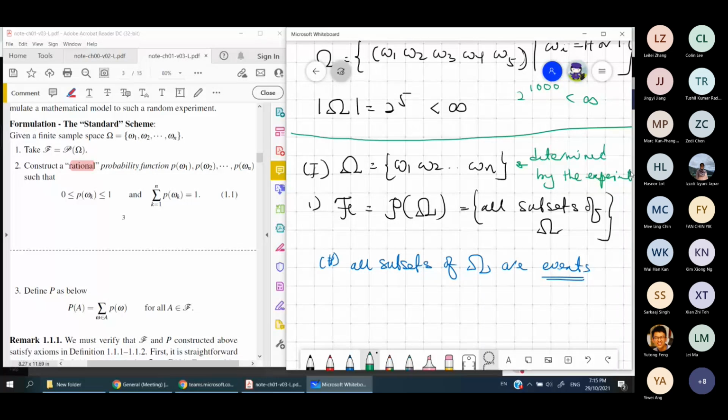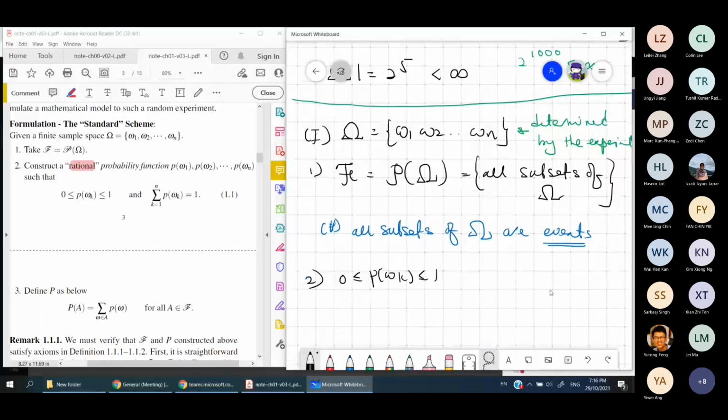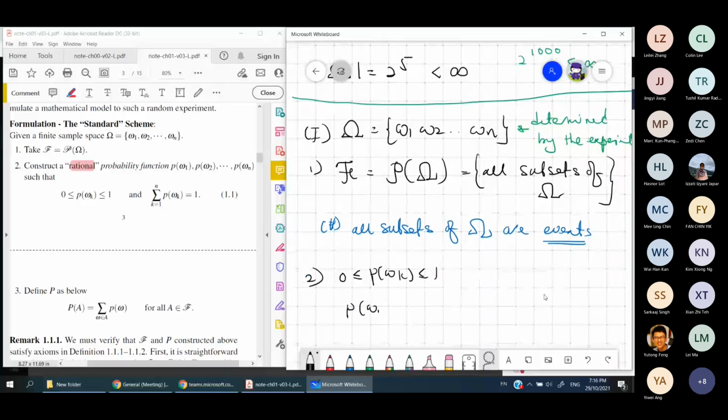Based on this omega, we can construct our sigma field. Once we construct our sigma field, then secondly, we make sure it fulfills this: P of omega k will be in between 0 and 1. And after that, the sum P(omega 1) plus P(omega 2) up to P(omega n) must be equal to 1. Number 3, we leave it first.